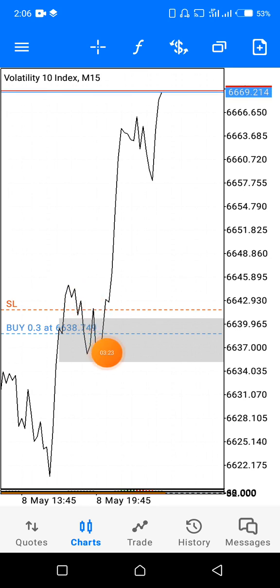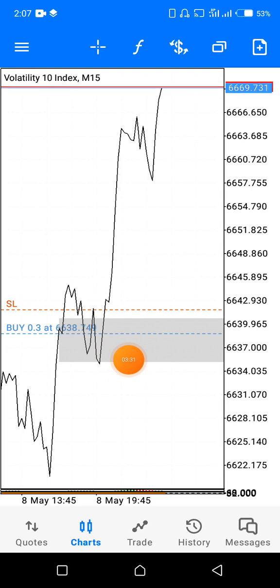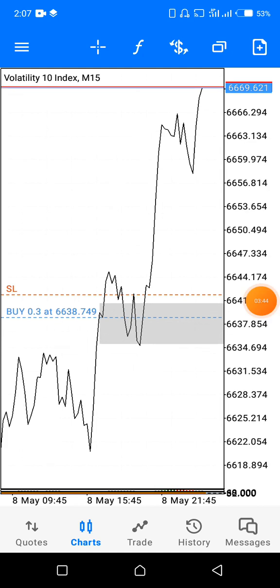But if you look, you notice that the market somehow passed the order block with some candle. There was a breakout. Not every time will the market be precise. Sometimes it will just tap into the order block and then turn back. But this time around, there was a support and resistance zone here.